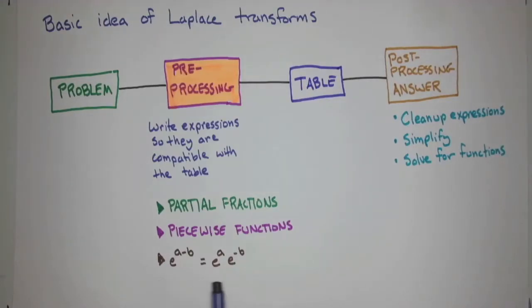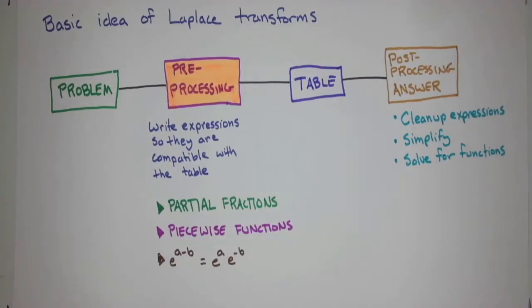This is not really much of a skill. It just says, hey, don't forget, exponential functions have this really cool property. E to the power a plus b is e to the a times e to the b, and it's the same for e to the a minus b, e to the a times e to the minus b. In other words, if you have addition or subtraction upstairs, you can separate it. All right, so that's what I want to talk about.